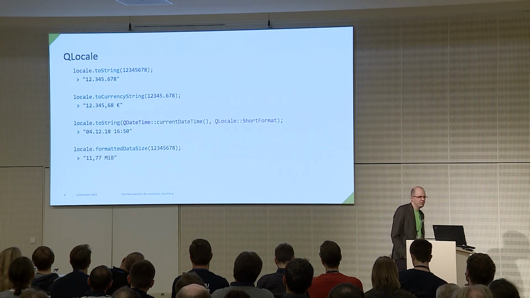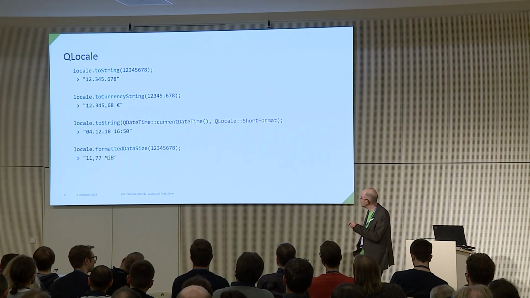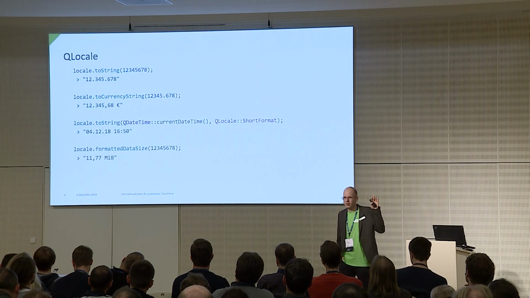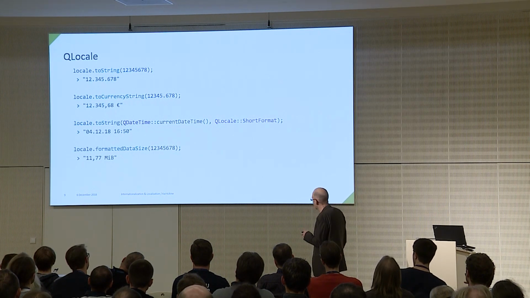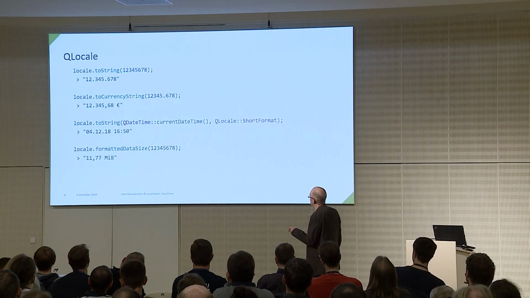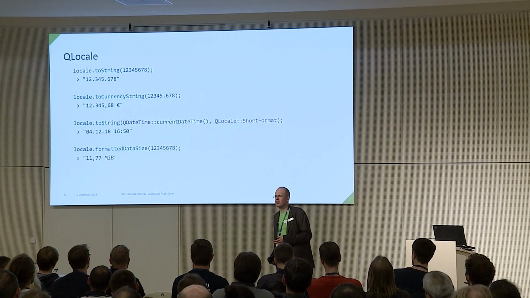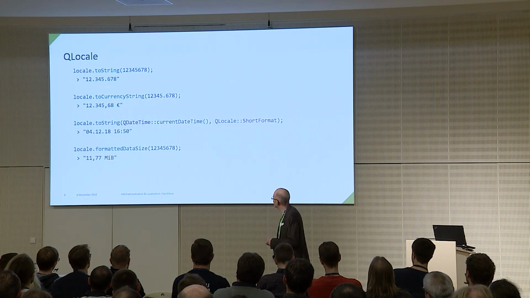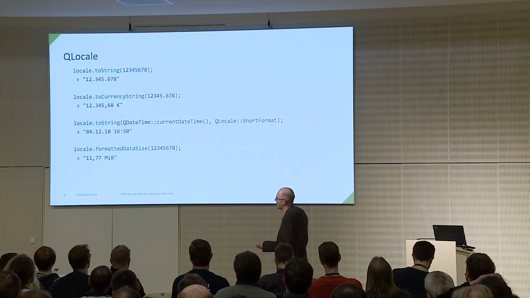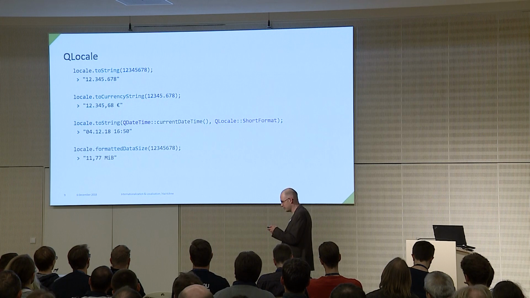So qlocale can be used to automatically format a string, an integer. You see that at the top. That's what also the ln did. You can do that explicitly. It also has options to, for instance, show currencies. So by default, it just uses the currency of the country, which might lead to confusion if you start your app somewhere else. If euros suddenly are converted into dollars, that might be surprising.